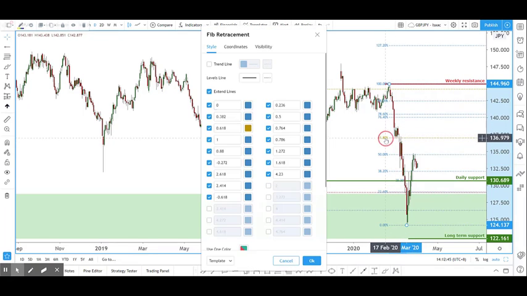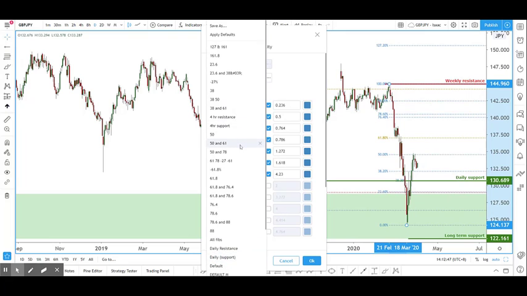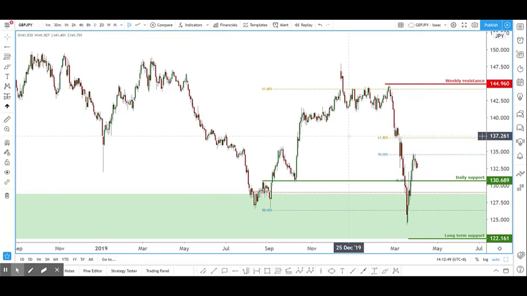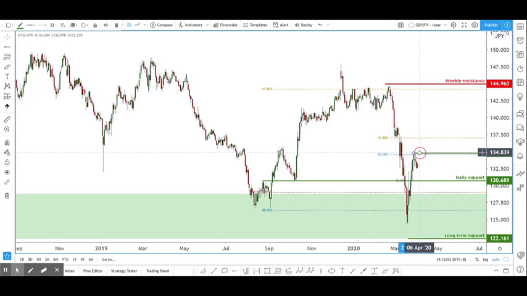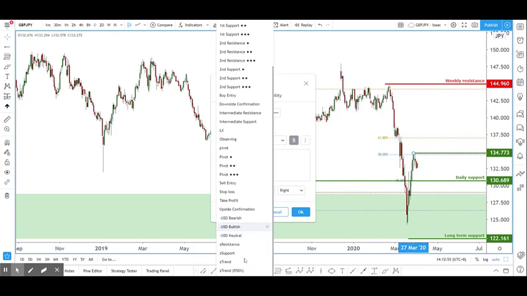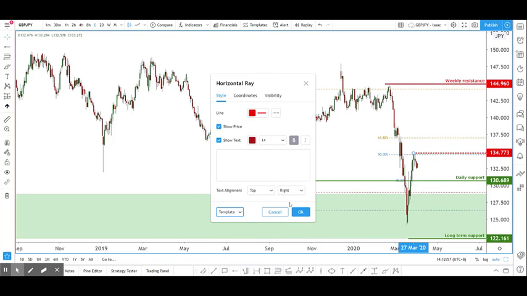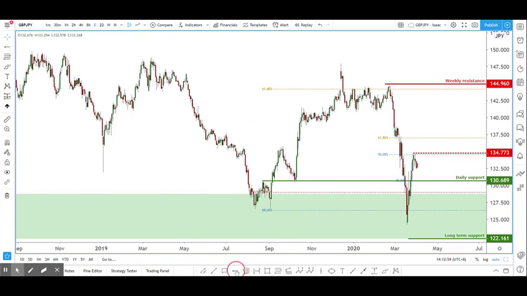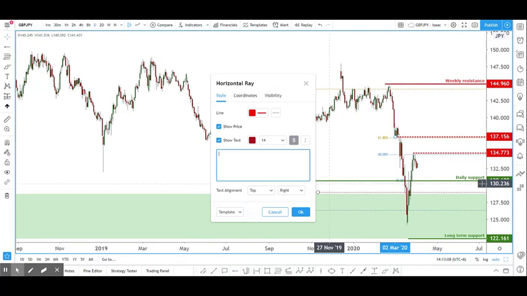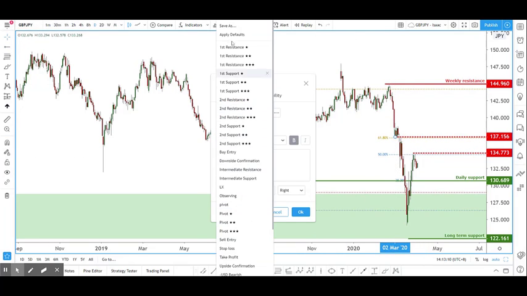So what I would like to really do is just to take the 50 and the 61, right? So the 50 will sort of be my intermediate resistance. And I will put a dotted line for intermediate resistance. And then I will draw a solid red line for daily resistance.